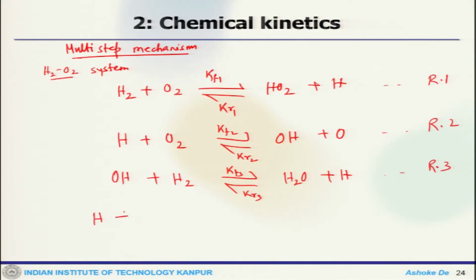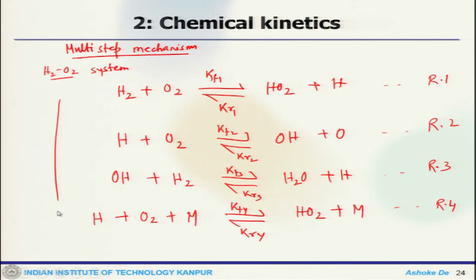The last one is H plus O2 plus M, which goes with KF4 to KR4, HO2 plus M. This is R4. So, these are the different multiple or elementary steps that you have, and every reaction step has a forward direction and a reverse direction.